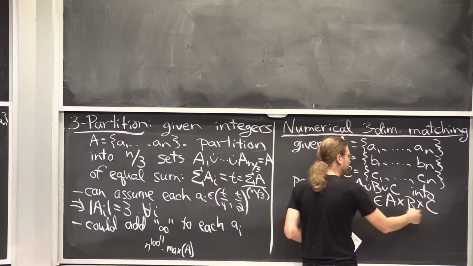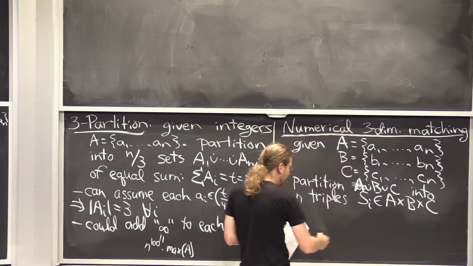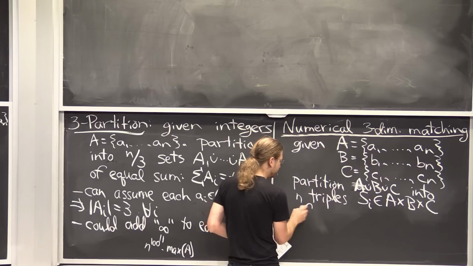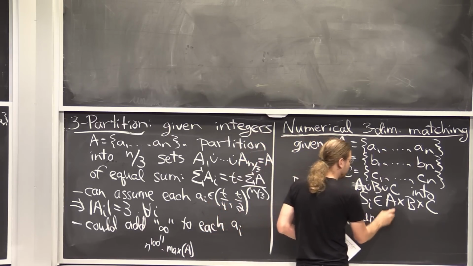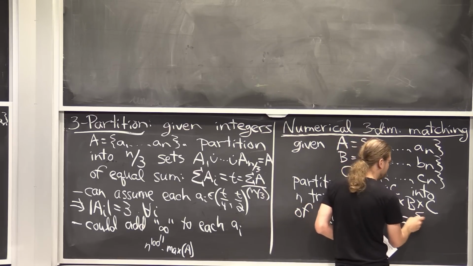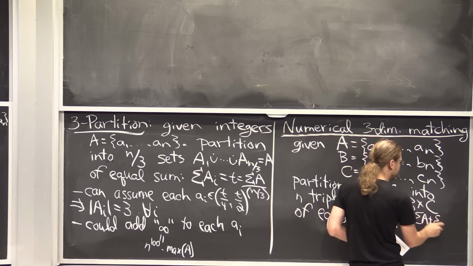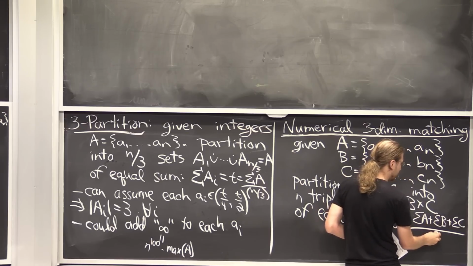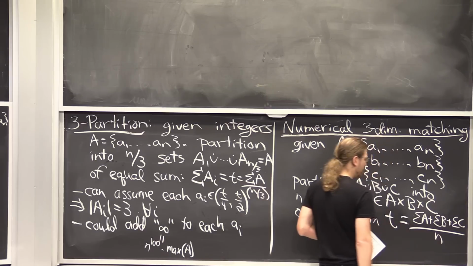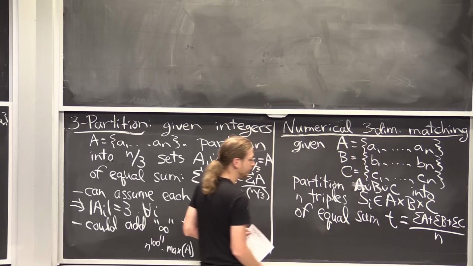So you're choosing one from each of these in each S_i, and they should be of equal sum. And so the sum will be the sum of A plus the sum of B plus the sum of C, divided by n, I think, because there's 3 of them.